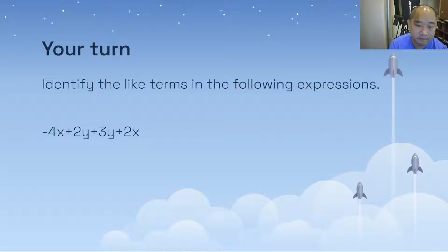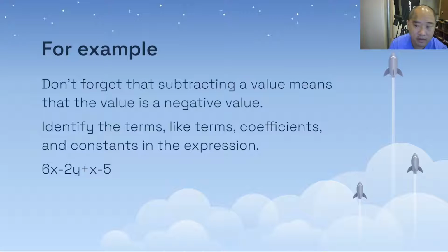All right. Don't forget that when you're subtracting a value, that means that the value is negative. So when I've been writing this up to now, like this plus, it's not really a plus x. It's just a positive x, right? A plus just means an operation.